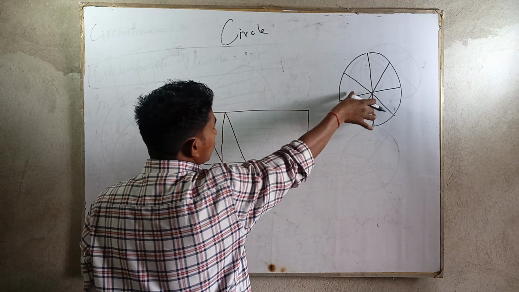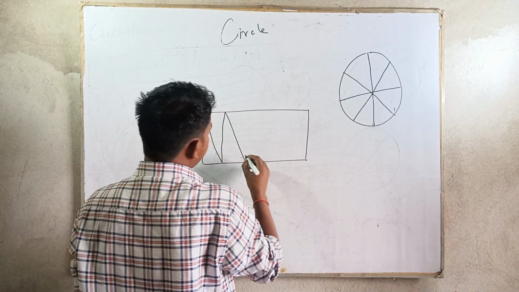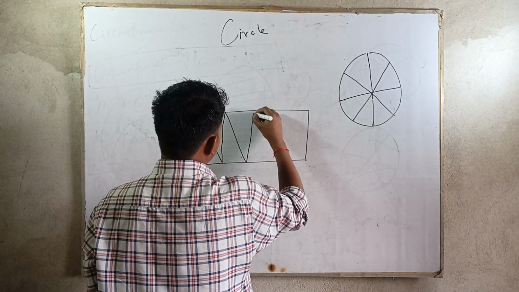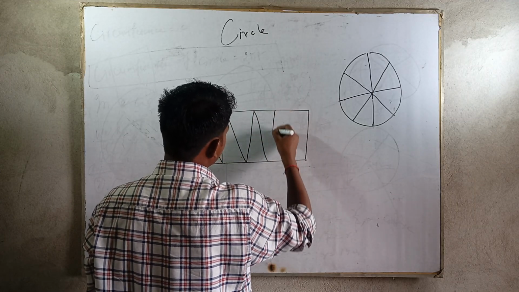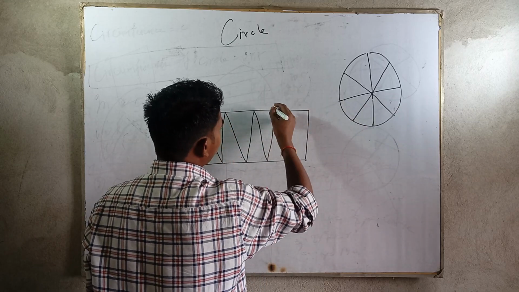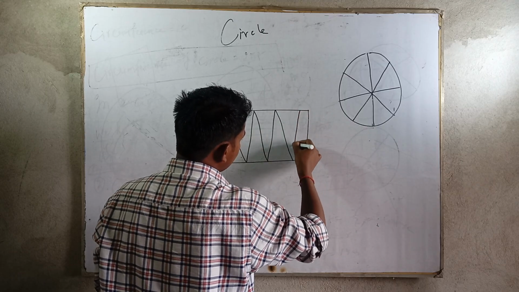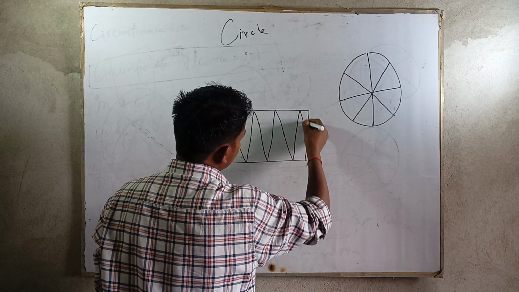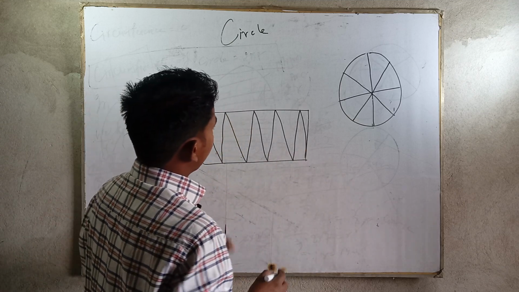I'm separating each and every sector from this circle, and again I'm arranging like this, making a painting, suppose, and again I'm cutting this and putting it here, and sitting each and every one like this in this form.